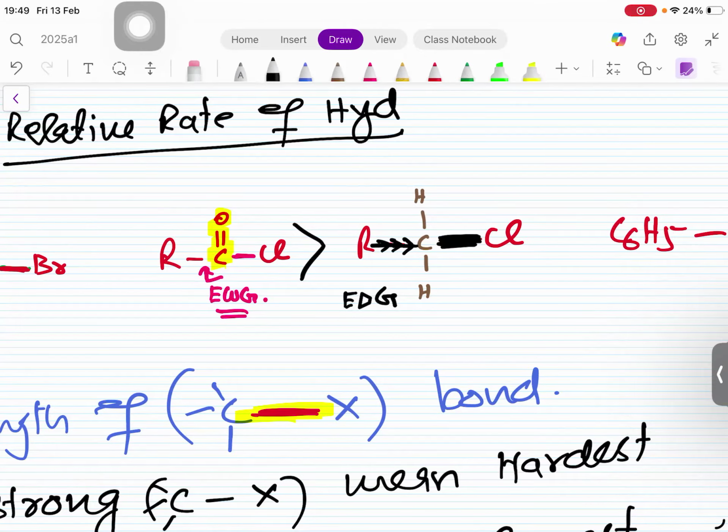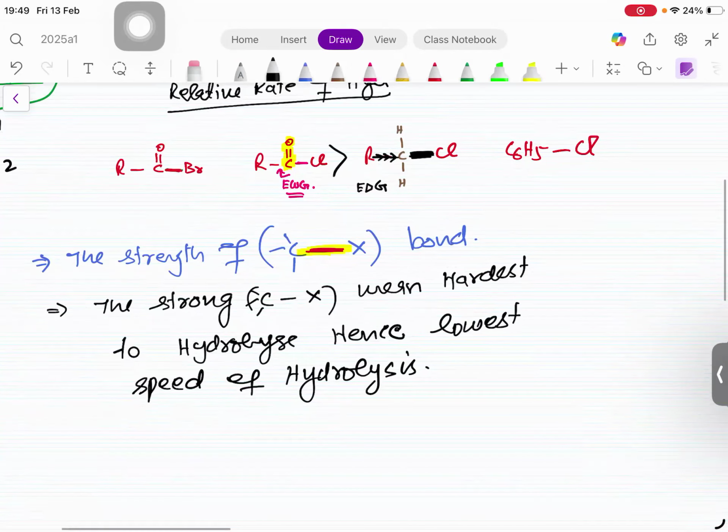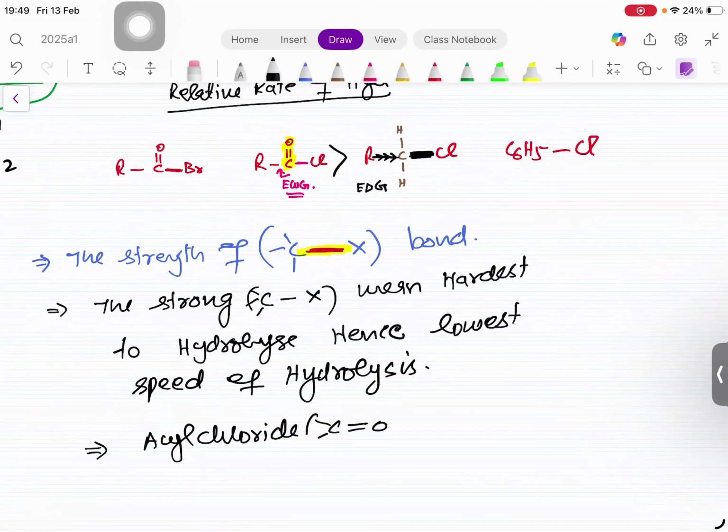Because in acyl chloride, C double bond O acts as an electron withdrawing group, right? For negative inductive effect.